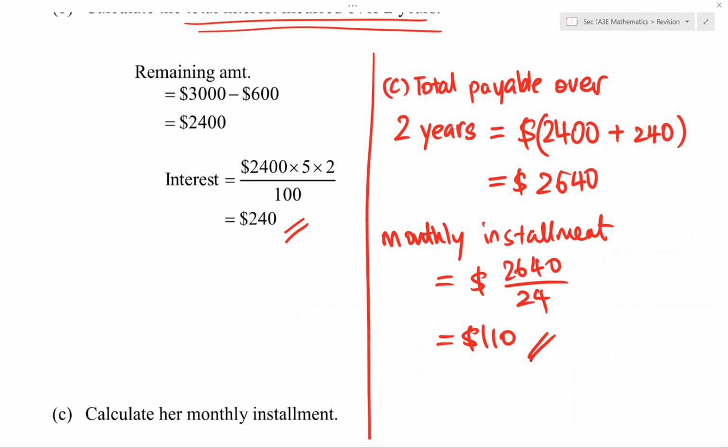So any questions at this point? Any queries? Then what do you think? You want to be a businessman? You want to be the guy selling the laptop and charging interest? Not bad, all right. For a $3,000 laptop, you end up getting extra $240. Isn't that a good deal?